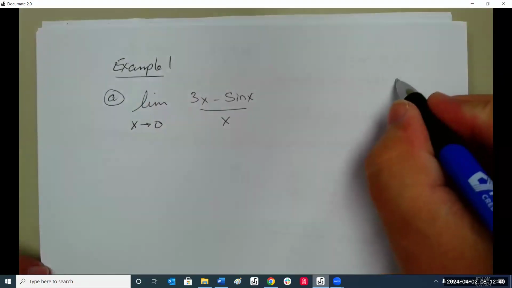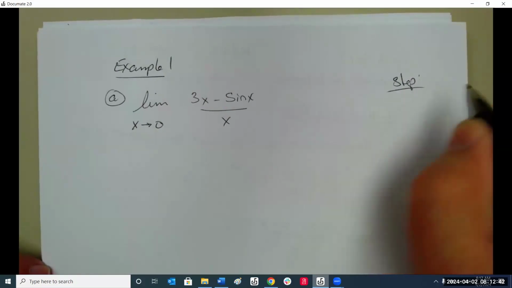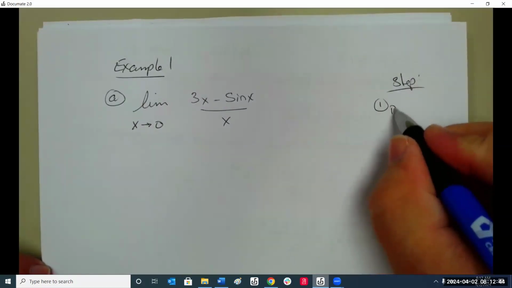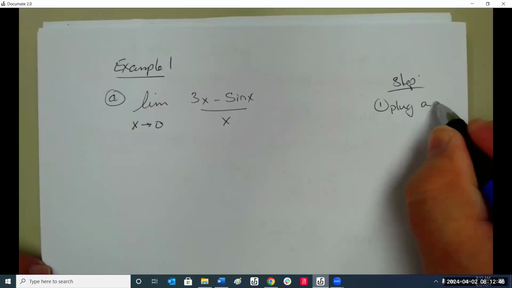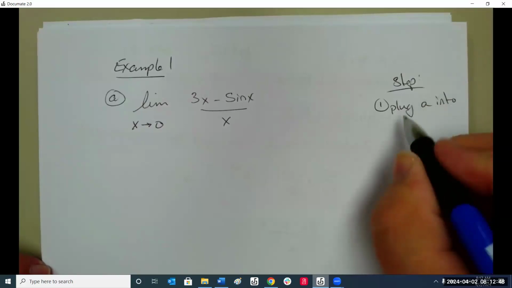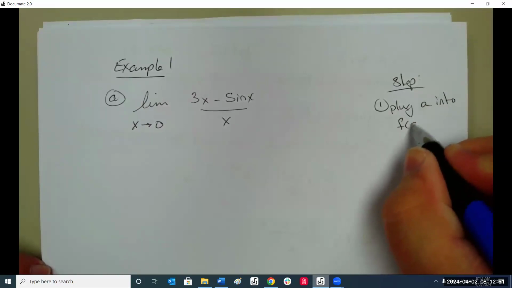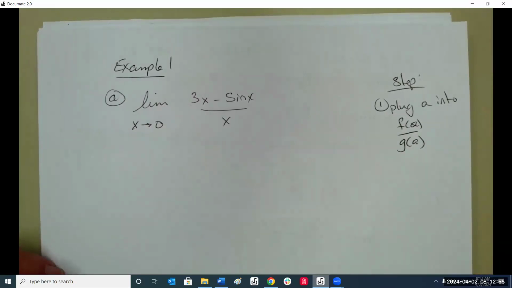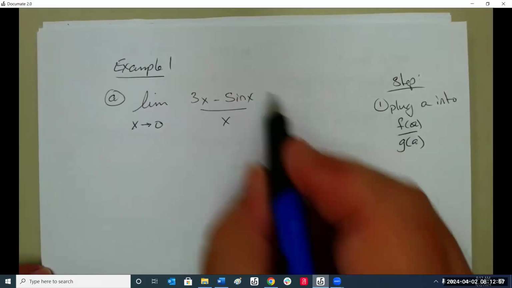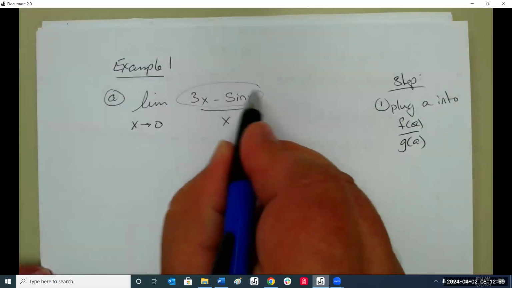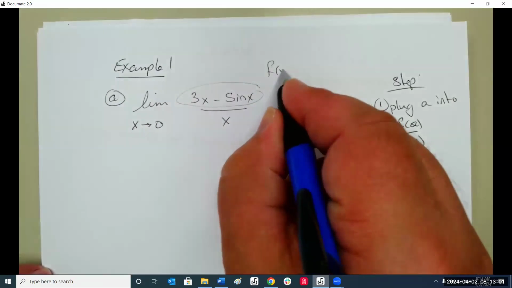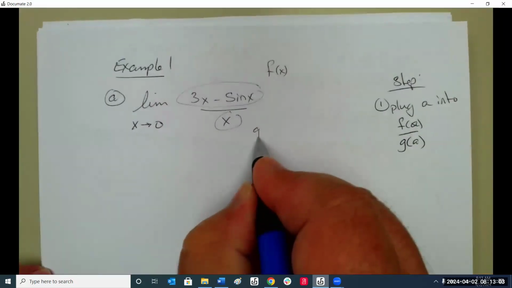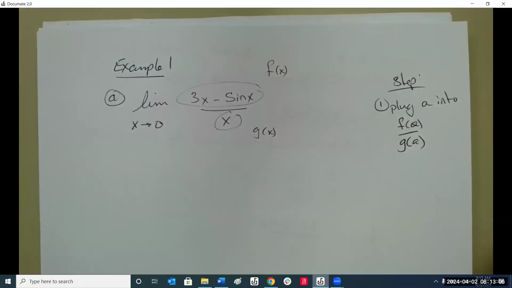The first step: when we use L'Hopital's rule, the top equation is our f of x, and the bottom equation is our g of x.